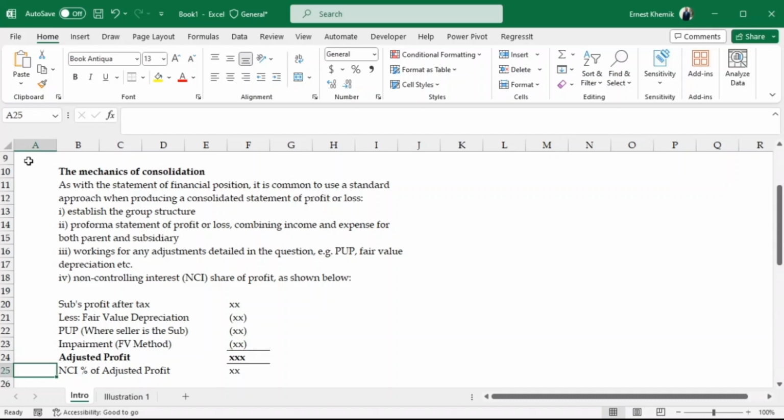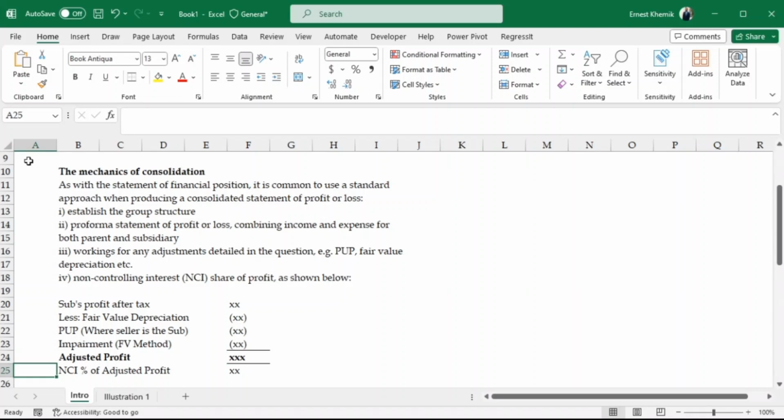Then secondly, a pro forma statement of profit or loss will be prepared, and this is done by combining or adding the income and expenses for both the parent and the subsidiary or subsidiaries, if there is more than one. And then thirdly, we are going to look at any workings for any adjustments that may be detailed in the question.